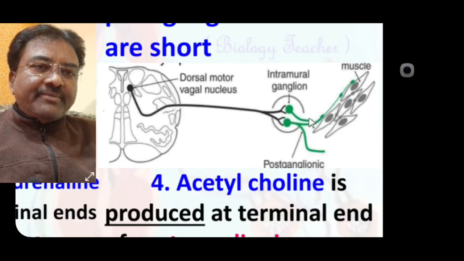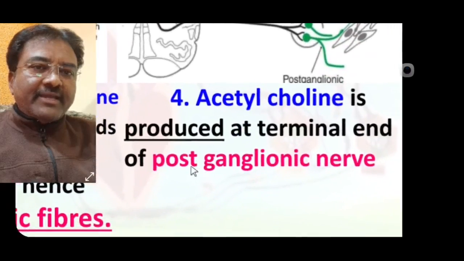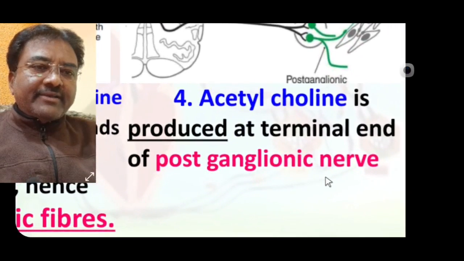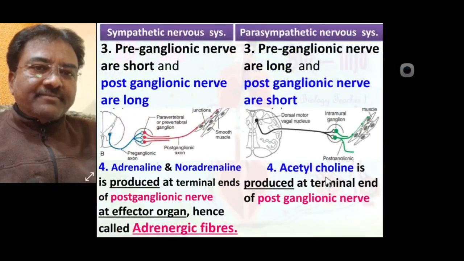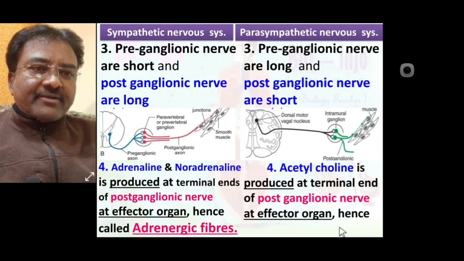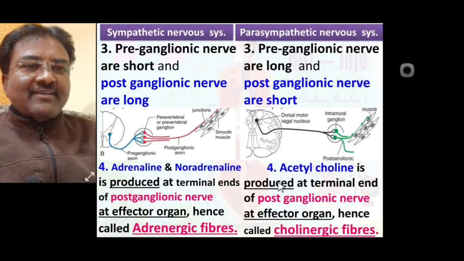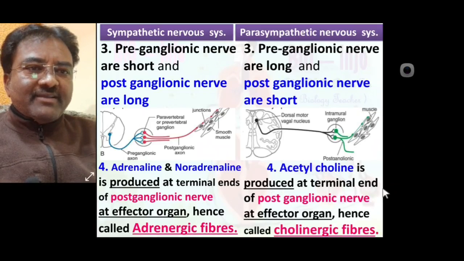The terminal portion of the postganglionic nerve is connected to muscles, and in between them a synapse is present. This synapse contains a chemical called acetylcholine, secreted by the postganglionic nerve terminal portion at the effector organ.